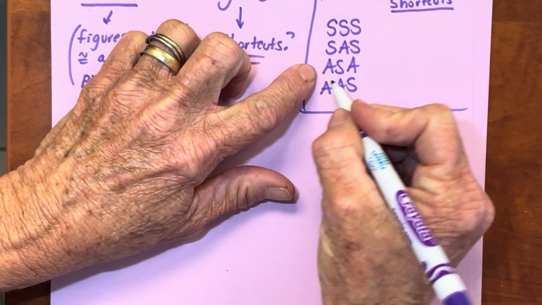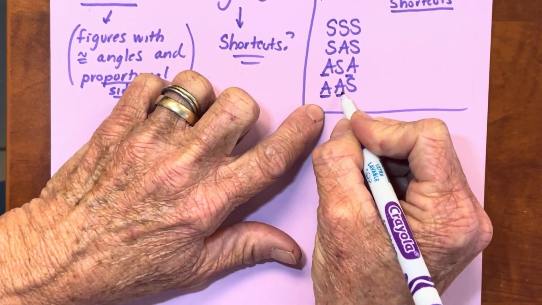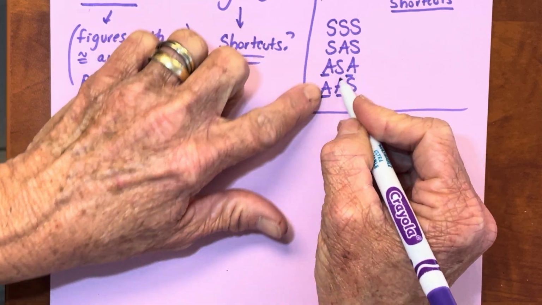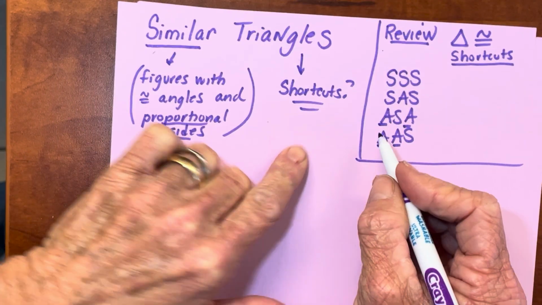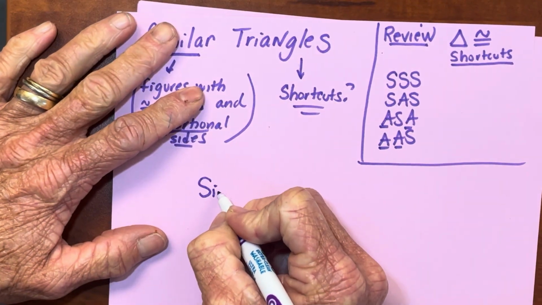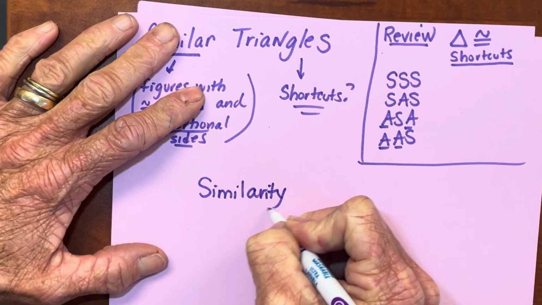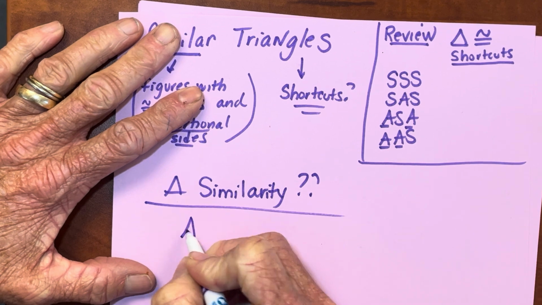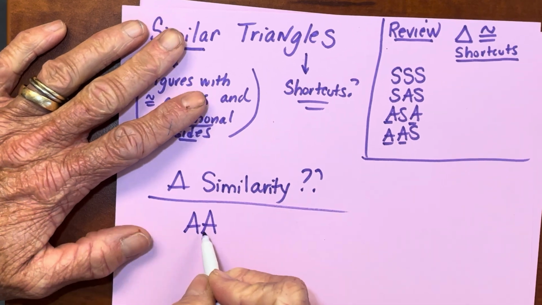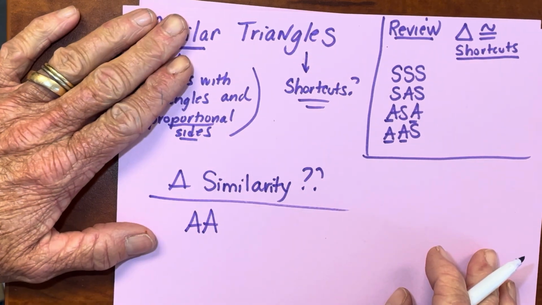And notice that angle-side-angle has two pairs of angles, and so does angle-angle-side. So these two congruency tests, when it comes to similarity tests, they consolidate. And if you want to test for triangle similarity, if you know that you have two pairs of angles congruent in a pair of triangles, that's enough to say that they're similar.